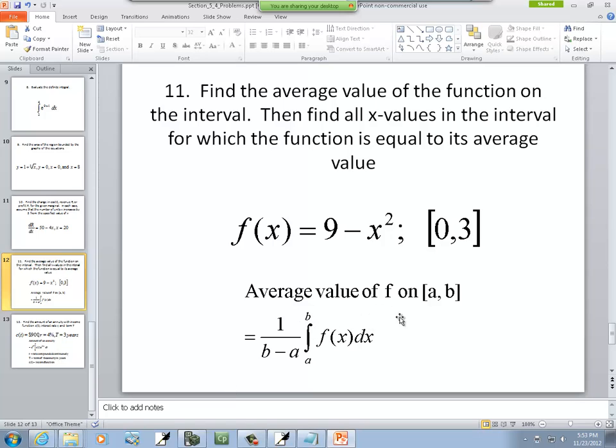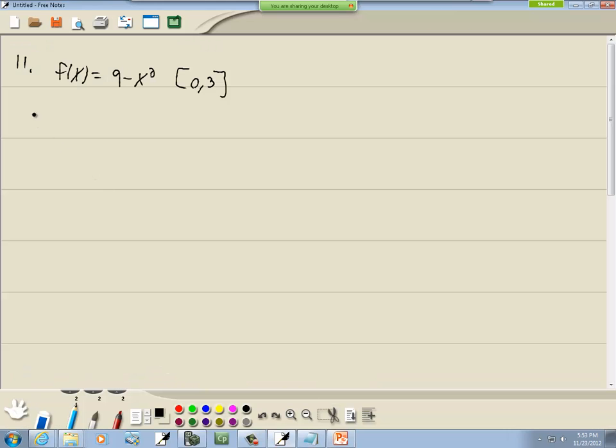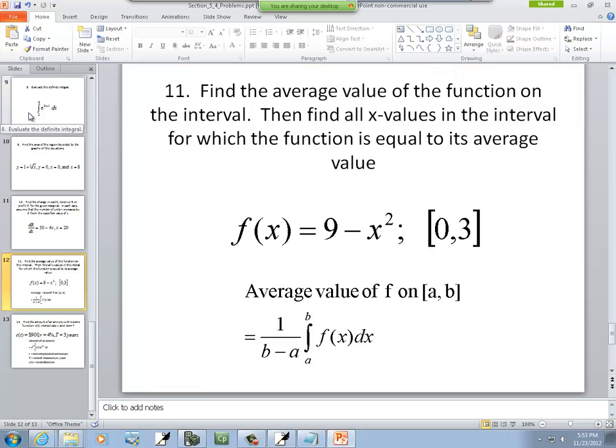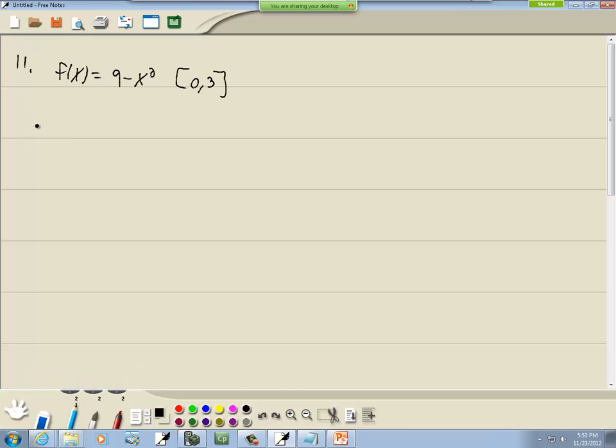And they give us a formula down below. The average value of f on [a, b] is equal to 1 over b minus a times the integral from a to b of f of x dx. Okay. So, part A, I guess. The average value. Now that can be average cost.